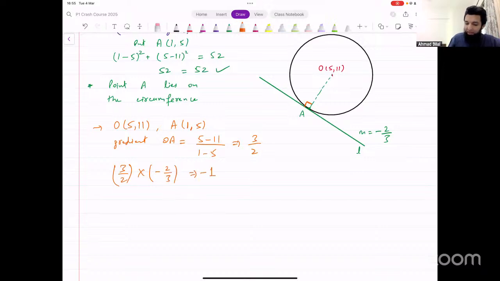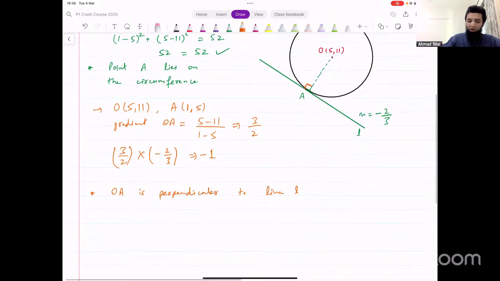That means, number 2, that OA is perpendicular to line L. Both of these things together mean that line L is a tangent at the point A.